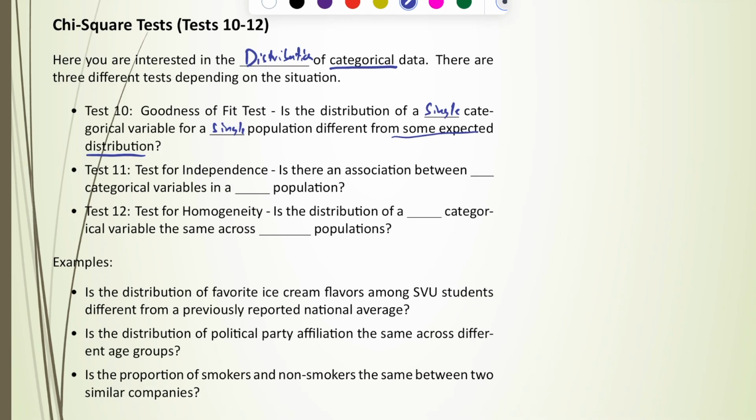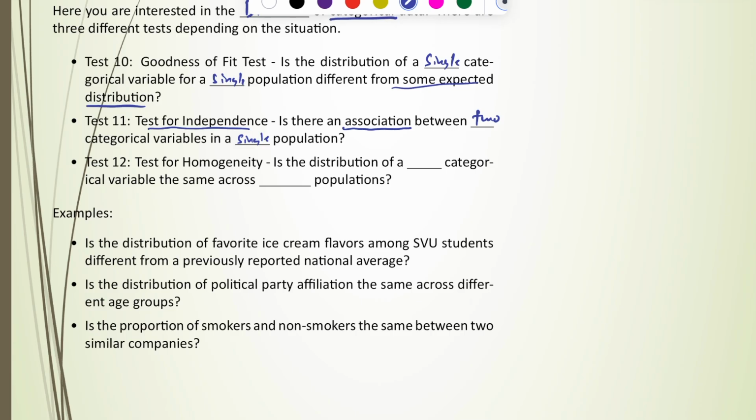Test 11 is called a test for independence. Is there an association or correlation between two categorical variables in a single population? What's that look like? We'll see an example in a minute. And then there's a test for homogeneity.